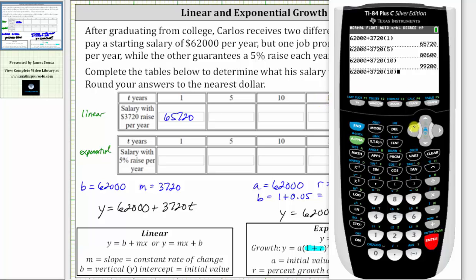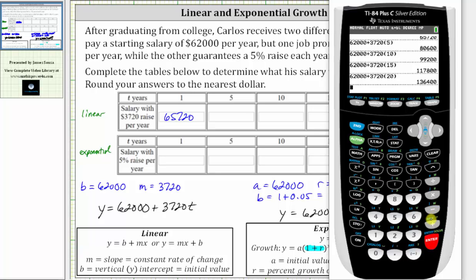Second enter, change the 10 to a 15, enter, second enter, and change the 15 to 20. And let's go ahead and complete the table by recording the salary for t equals 5, 10, 15, and 20.